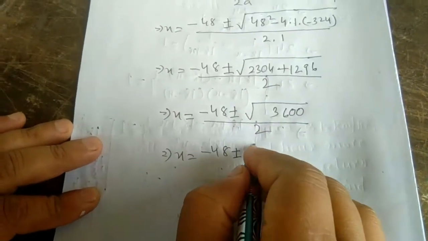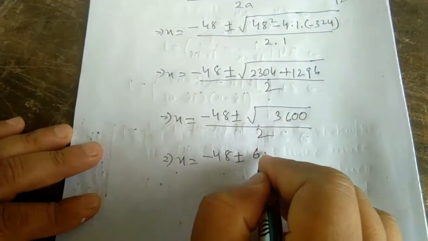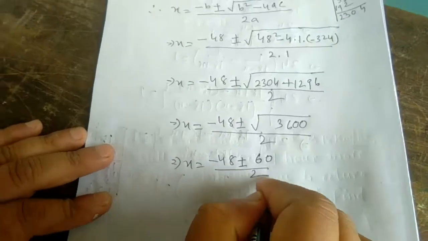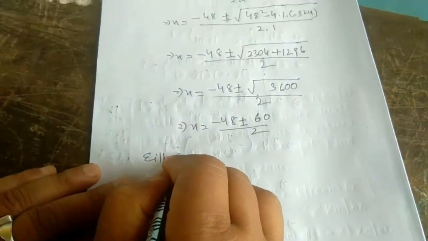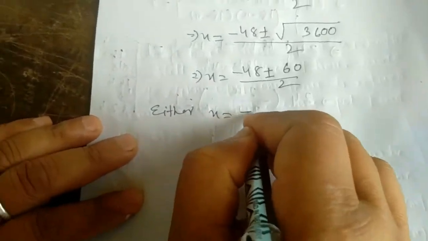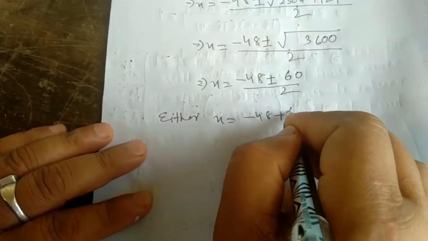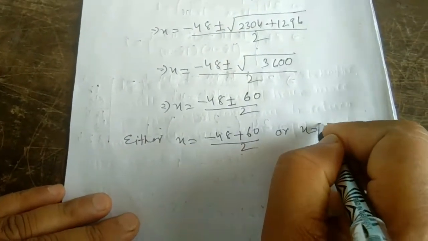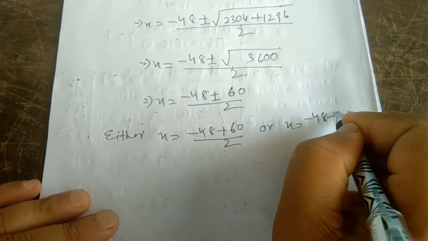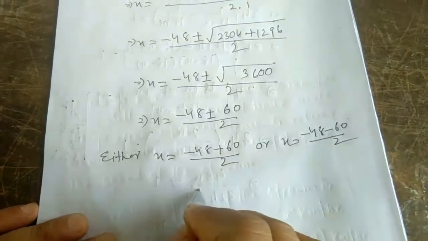Square root of 36 is 6 and square root of double 0 is 10. I think you understood, by 2. After that you do either x equal to minus 48 plus 60 by 2, or x equal to minus 48 minus 60 by 2.